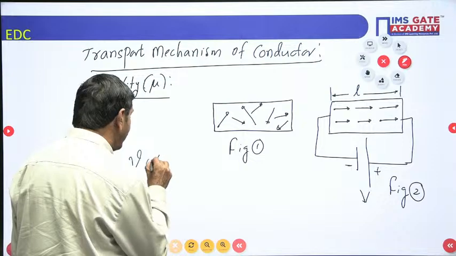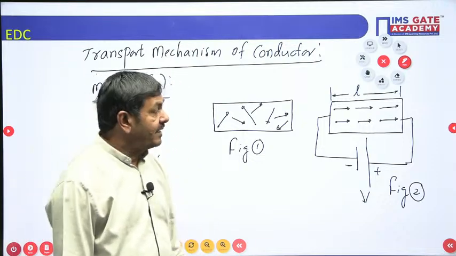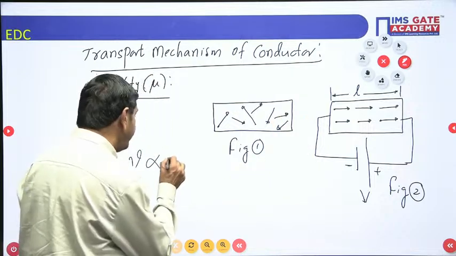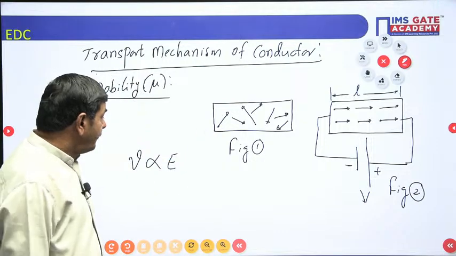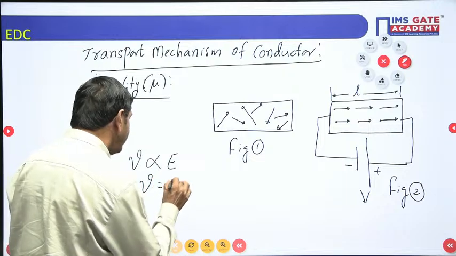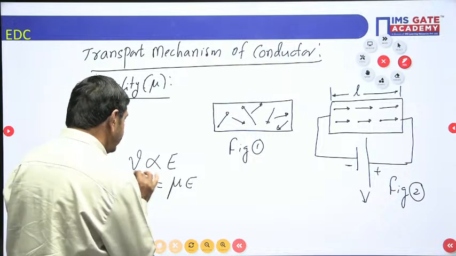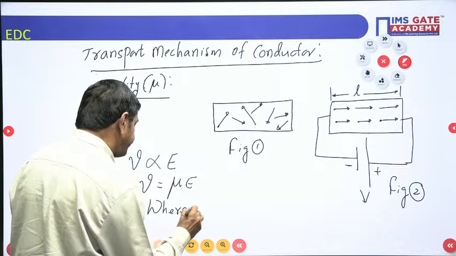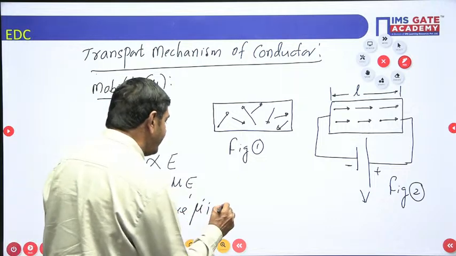The velocity of electrons is directly proportional to the electric field intensity only now. V proportional to E is a more important formula. V proportional to E means V equal to mu into E is possible. Where mu is said to be the mobility of electrons.